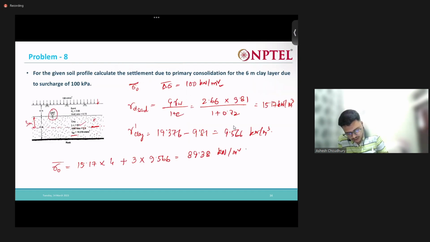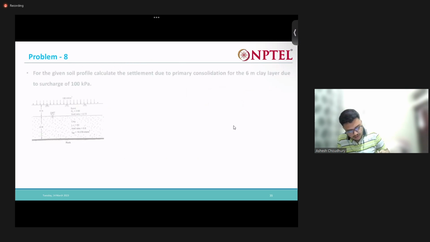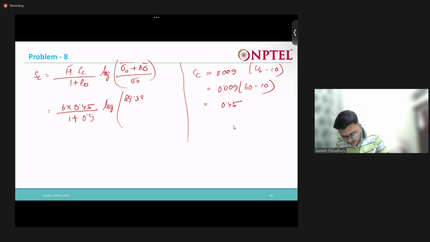E naught is given as 0.9, log of 89.38 plus 100 by 89.38. Okay, so let us calculate this. 6 into 0.45 by 1.9 into log 89.38 plus 100 by 89.38.